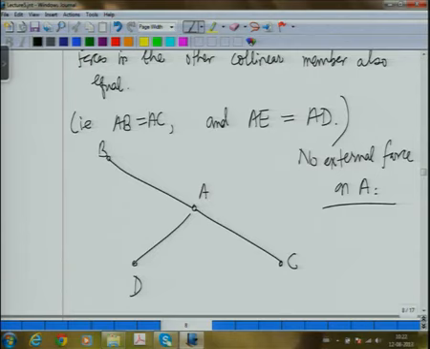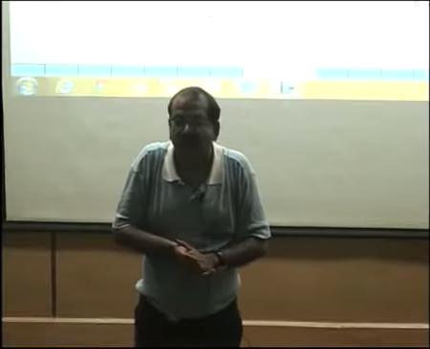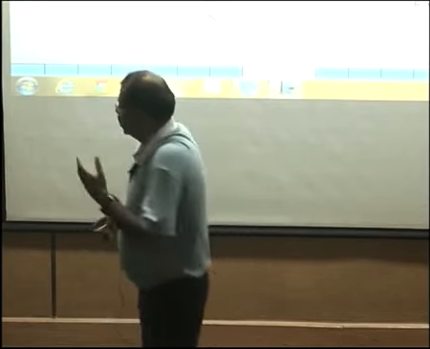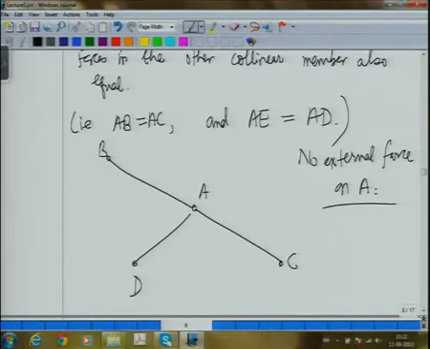That follows from the previous logic. Suppose there was another member here which is in line with AD. Now that member is not there, that means that is exerting a 0 force. So if that is exerting a 0 force, then force in AD must also be 0. So this can be another rule: if there are two collinear members connected to a third member which is not collinear and no external force acts on the joint, then the force in the non-collinear third member has got to be 0.